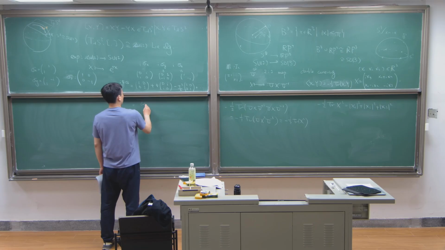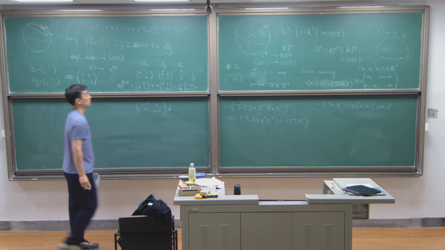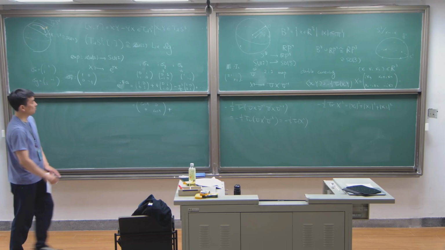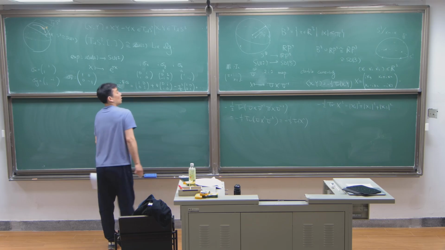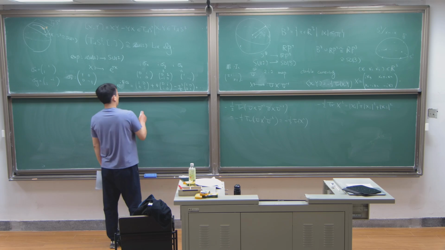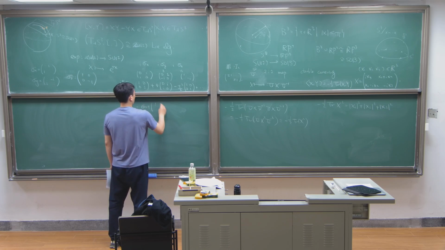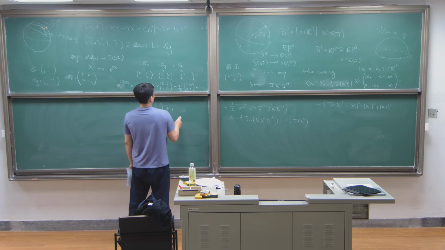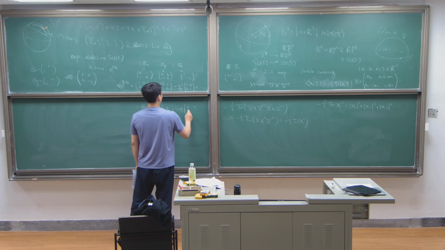And this is equal to cosine t on the diagonal, and then here what you get is cosine t plus i sine t.